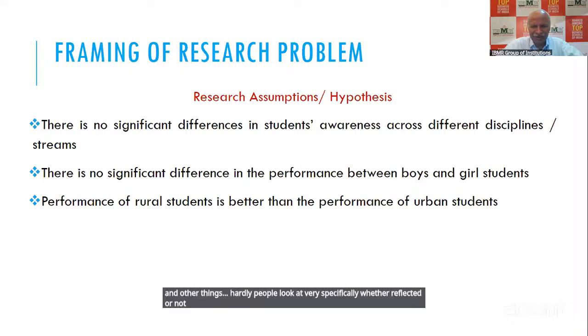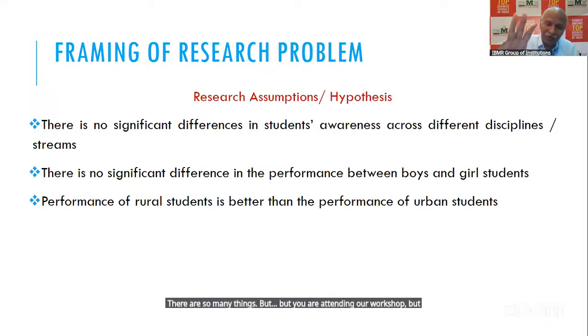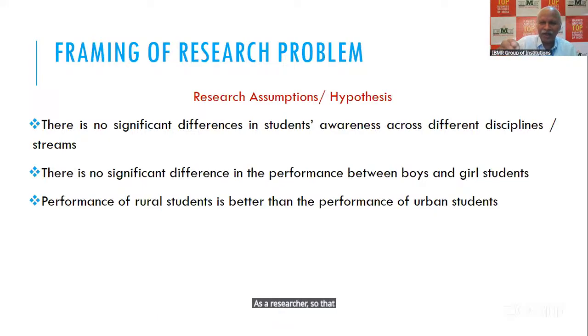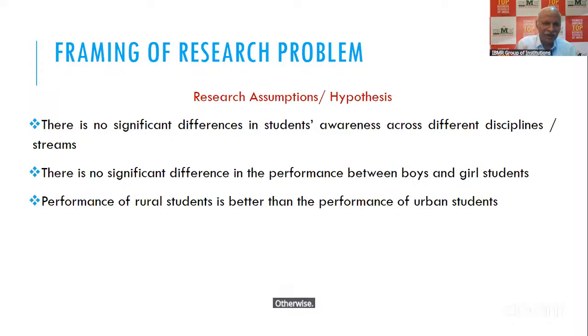If you open a thesis and see, there are so many things. But you are attending our workshop, so please follow this systematic methodology as a researcher, so that tomorrow you can explain to students the appropriate research methodology. Otherwise it has no meaning. Okay?